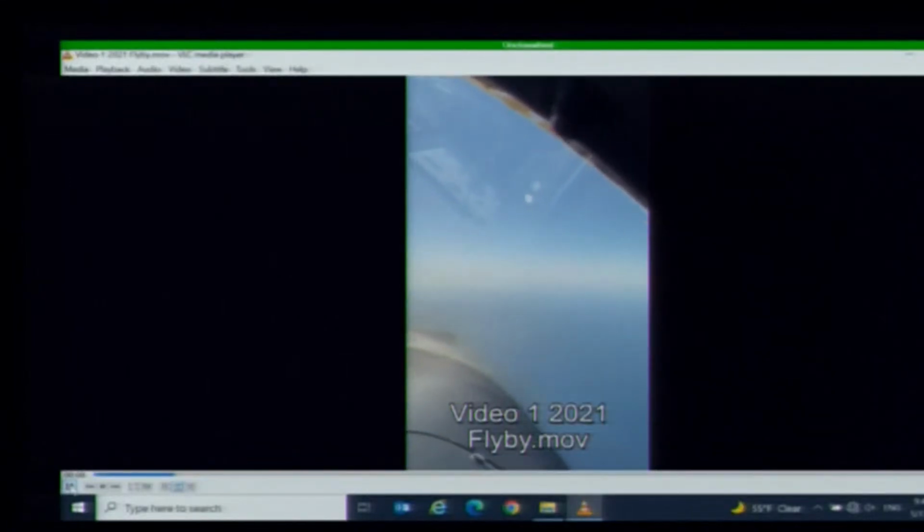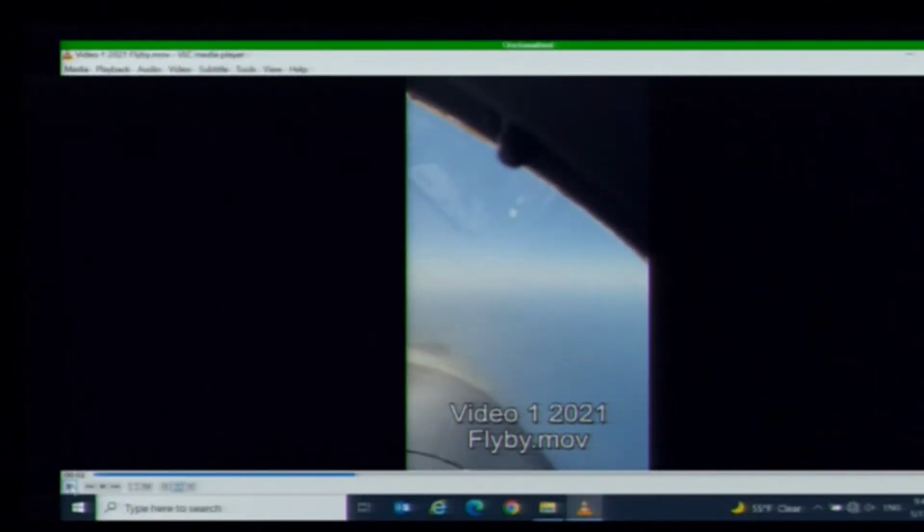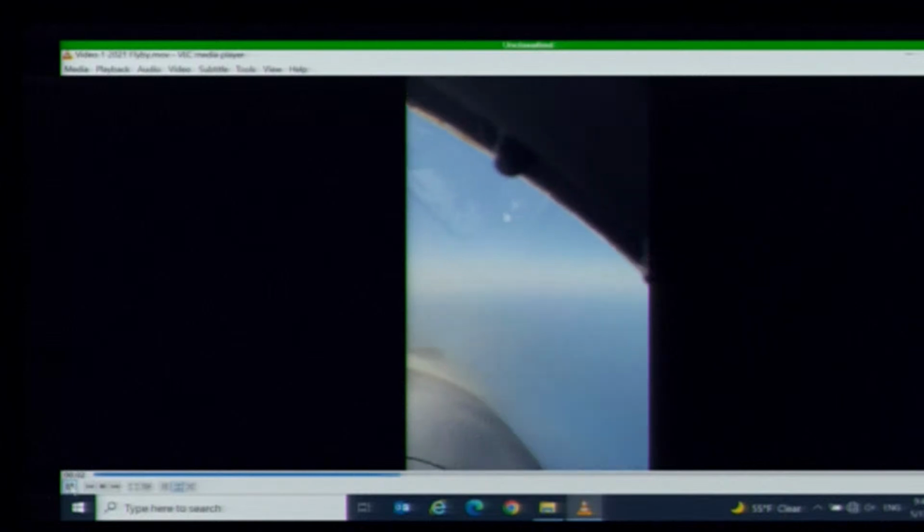There we go. Could you see that part right there again, going by? I think we're having a hard time stopping at the right spot.